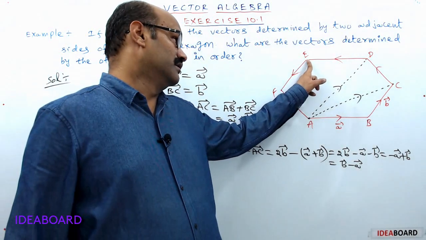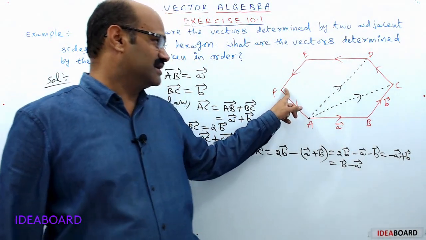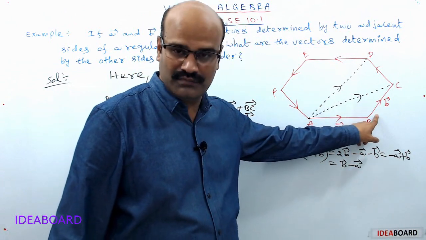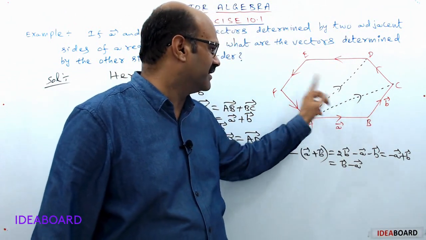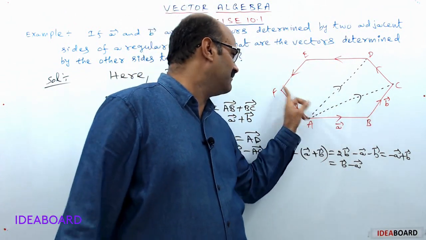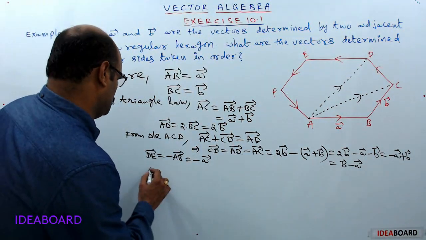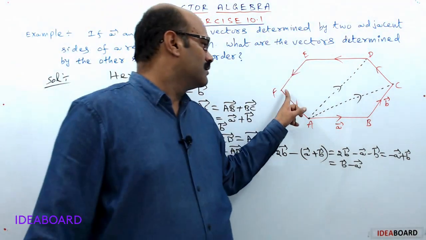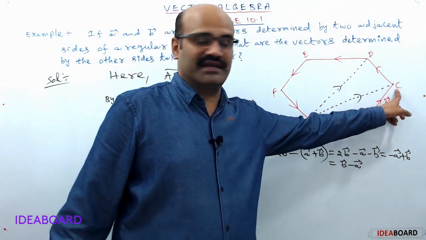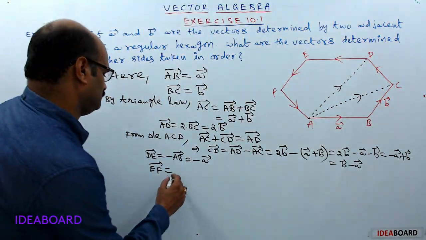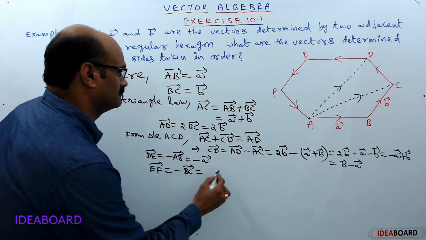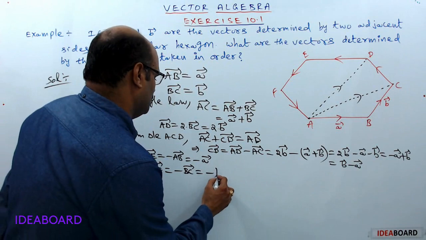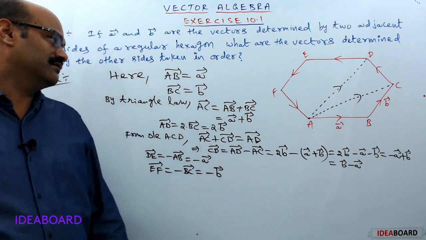Now EF vector: the magnitudes of these two are the same, only the direction is different. So EF vector equals minus BC vector, which is minus B vector.